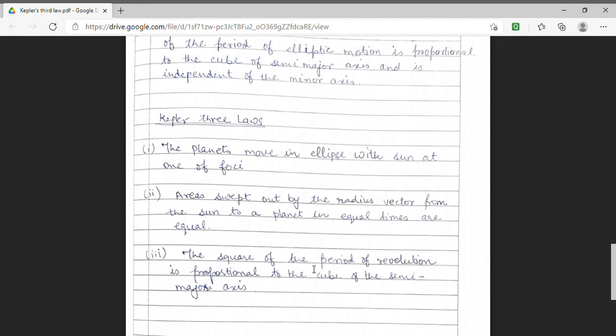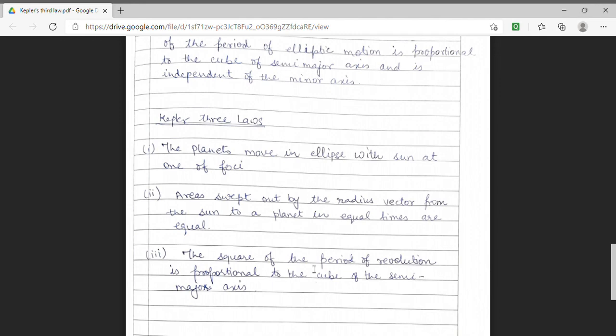The second law states that the area swept by the radius vector in equal times is equal, that is dA upon dt is constant. And Kepler's third law, which we have derived today, states that the square of the period of revolution is proportional to the cube of the semi-major axis of the ellipse.